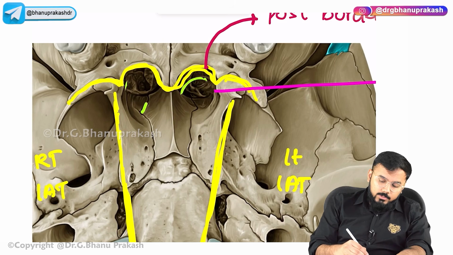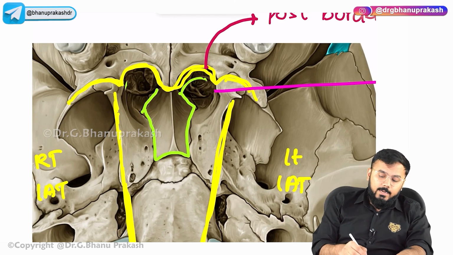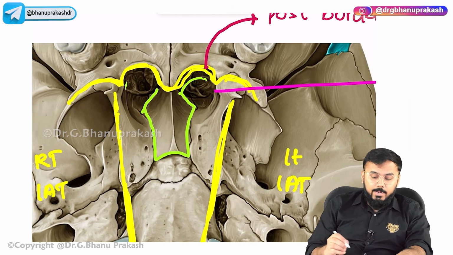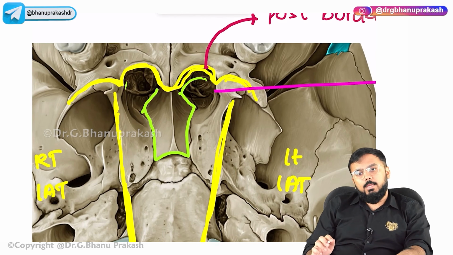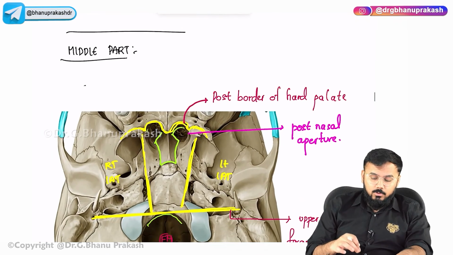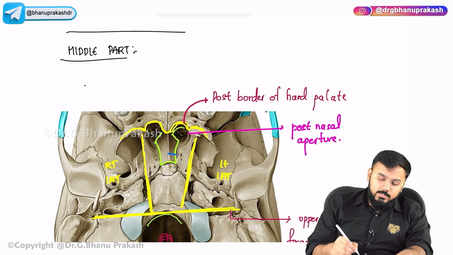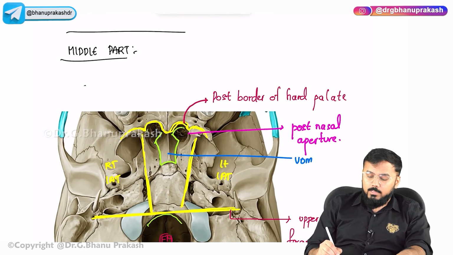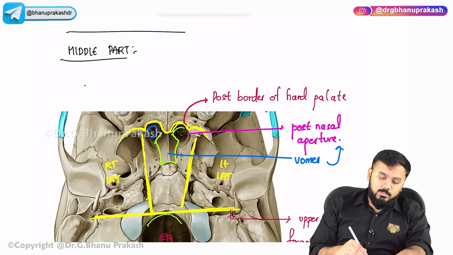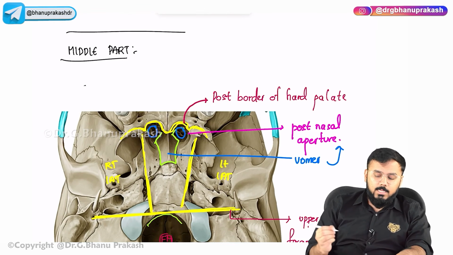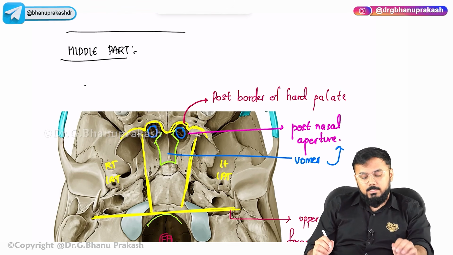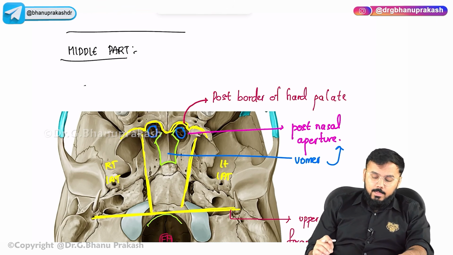This particular bone is called the vomer. Can I tell that this vomer separates the two posterior nasal apertures? Yes or no? So this is the vomer in the center, and it separates the two posterior nasal apertures. This is one posterior nasal aperture, this is another.